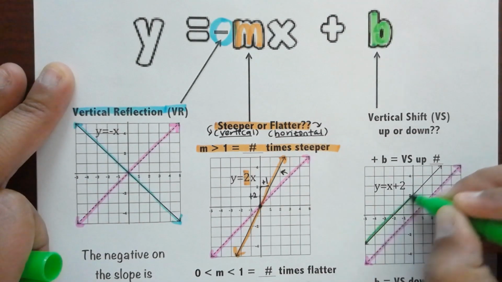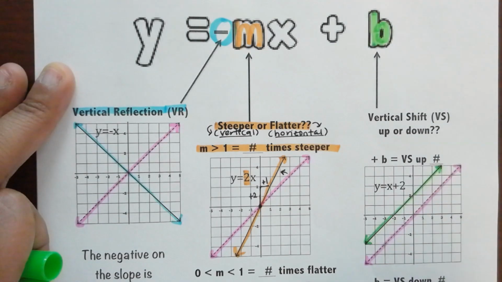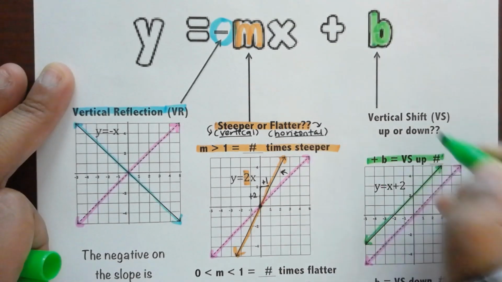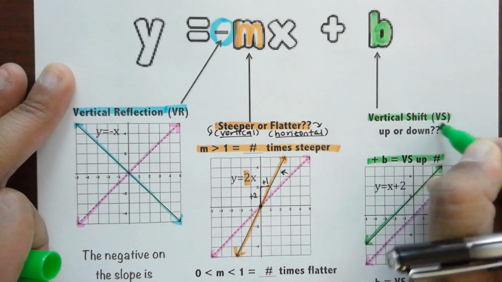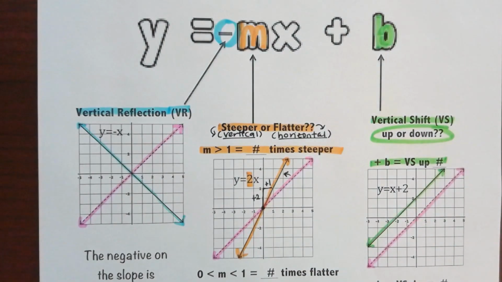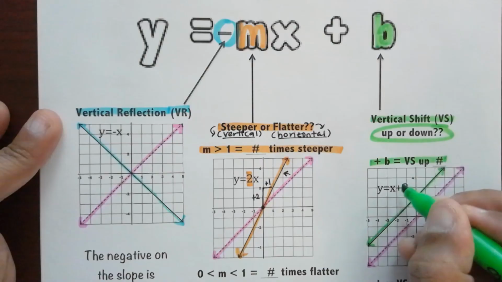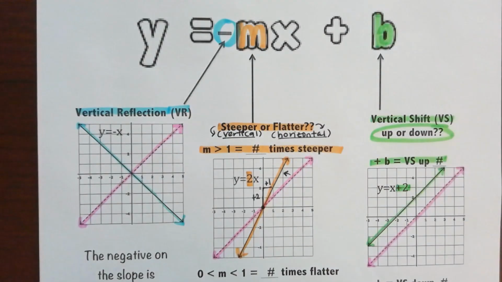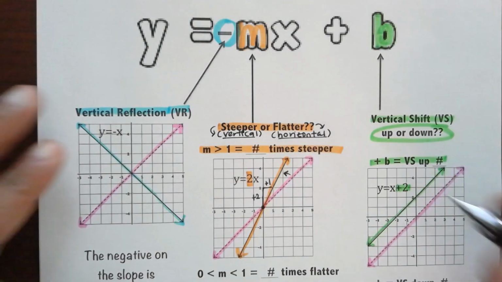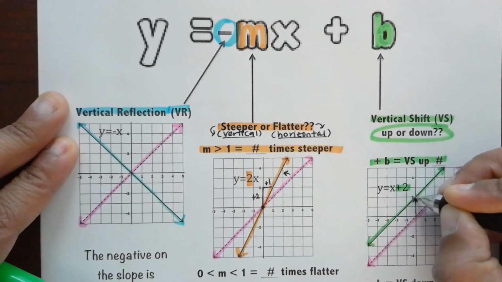If B is positive, meaning we add more to B, the vertical shift means it goes upward. Is it going up or down? In this case, we changed our 0 to a what? A 2. So is that greater than or less than 0? So did it go up or did it go down? It went up because it went from 0 to 2.